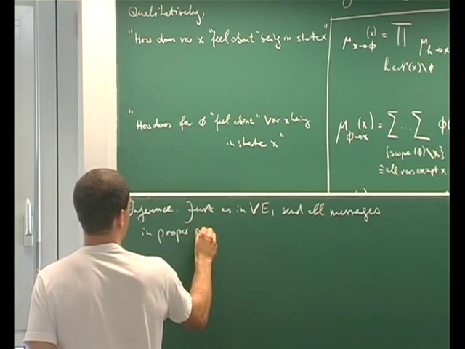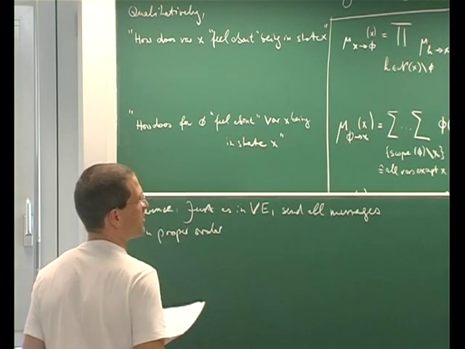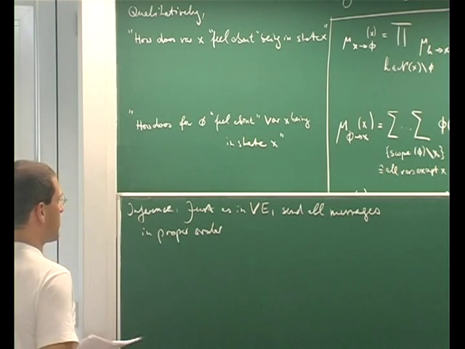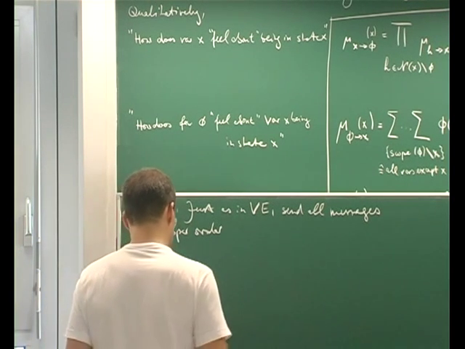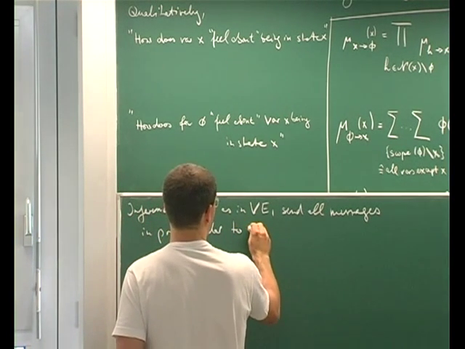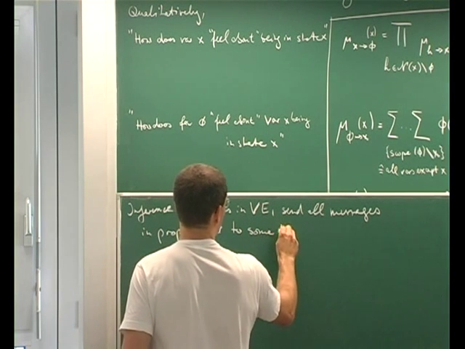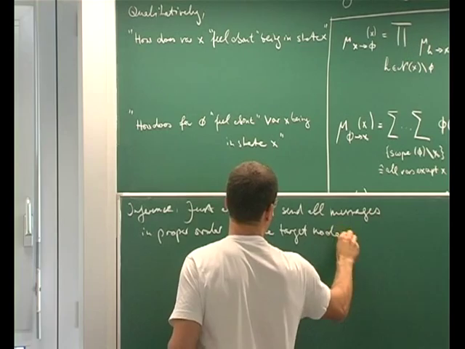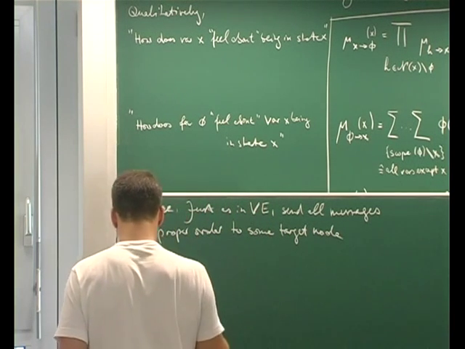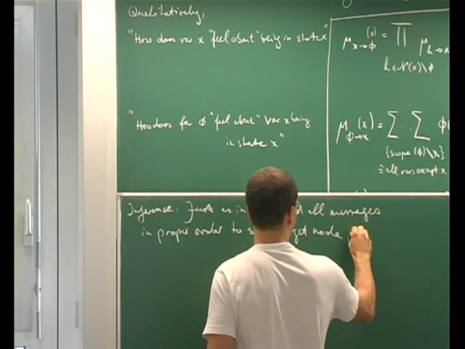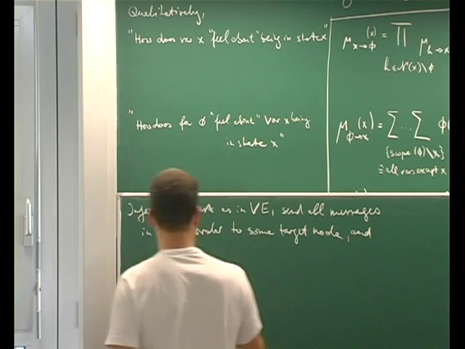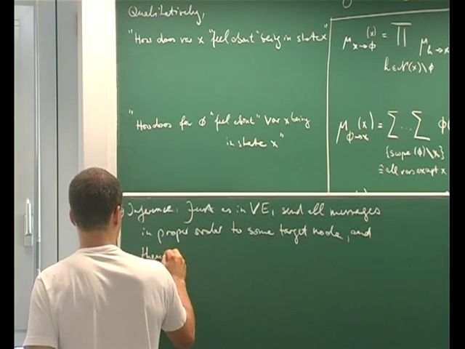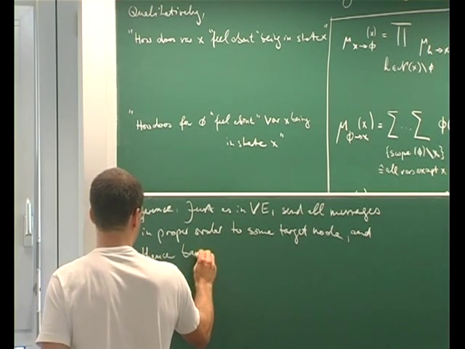By proper order, I mean sending a message only when all required input is available. To some target node, or you could call this the new root. And from this target node back to all leaves.